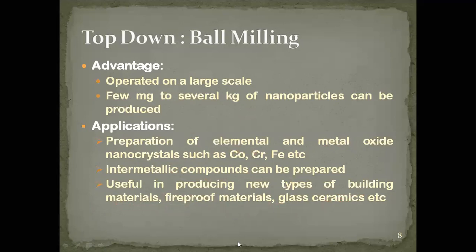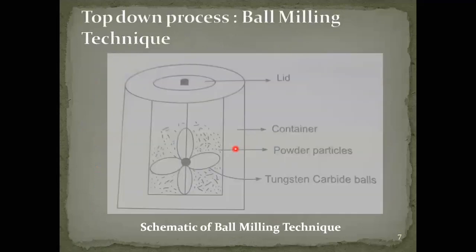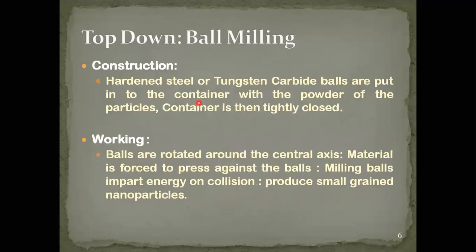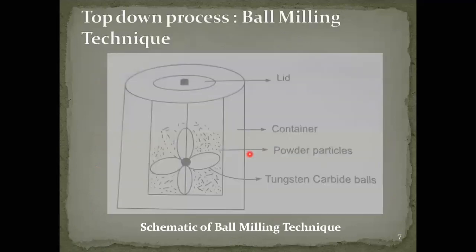Everywhere they are using nanoparticles, because it is able to produce several kgs of nanoparticles and is also a simple method. This ball milling technique, which is considered top-down, can be widely used. So this is the principle of the top-down process.